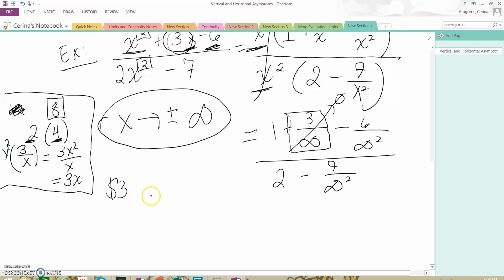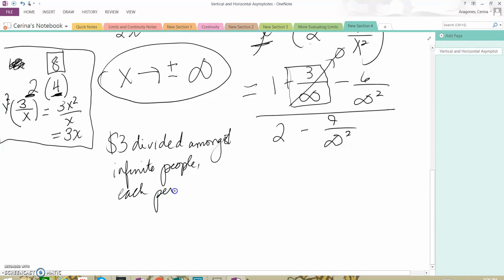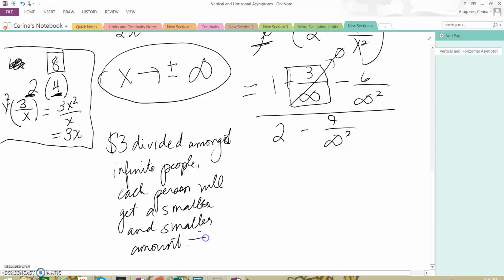Well, if I have $3 and I divide it amongst infinite people, each person will get a smaller and smaller amount, and we're going to approach 0. Okay, so if I take $3 and I try to divide it between so many people, each person is basically going to get 0. So if I take 3 and I divide by infinity, it approaches 0.